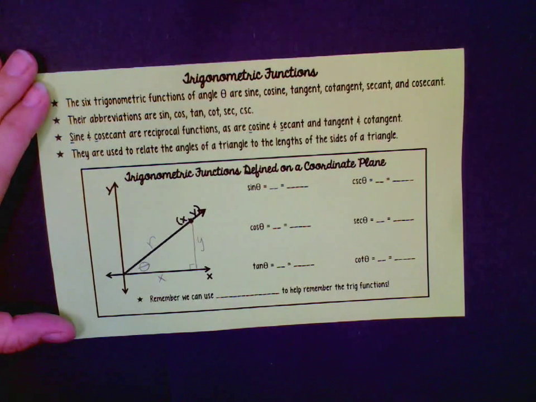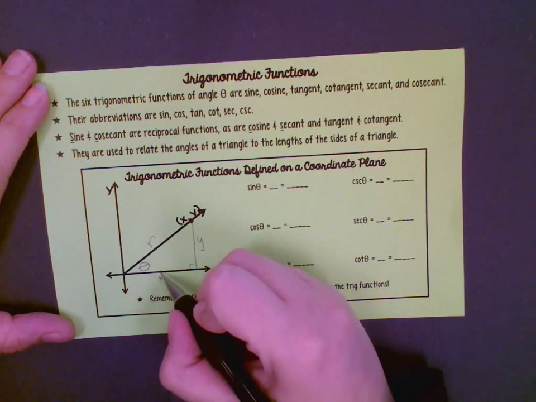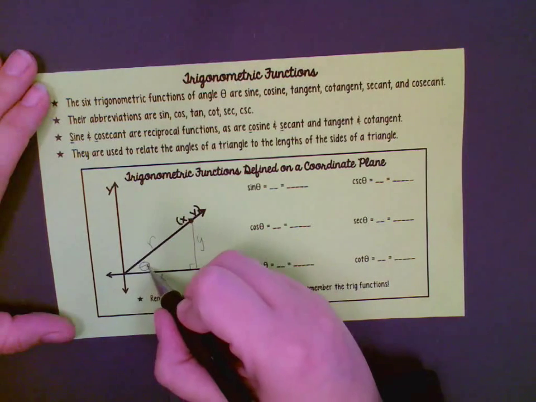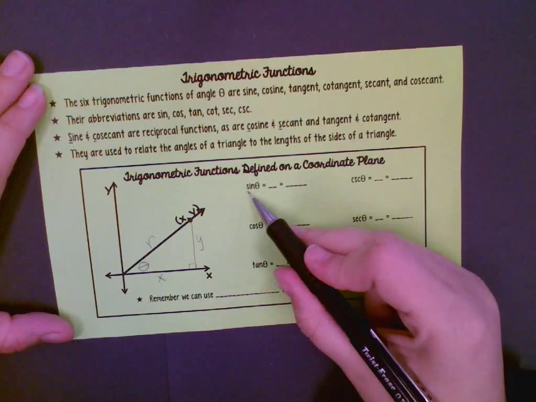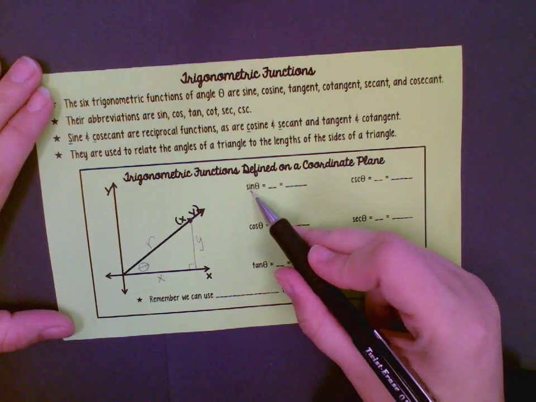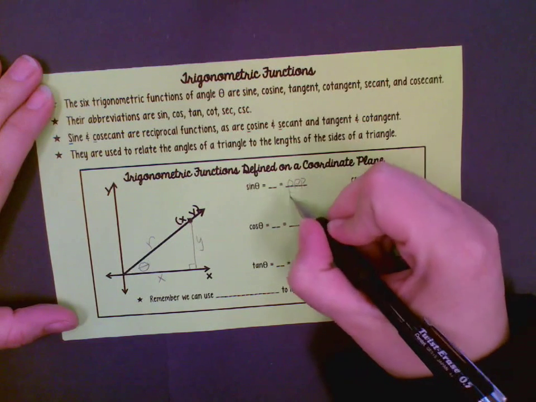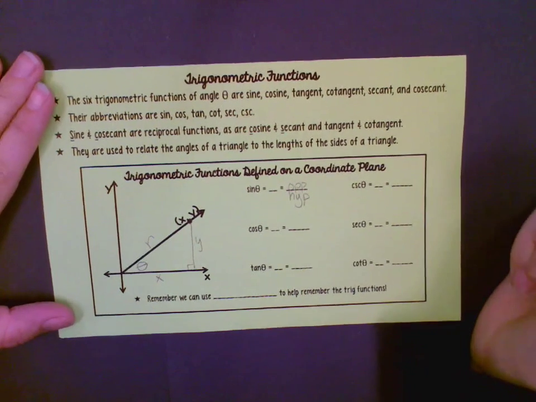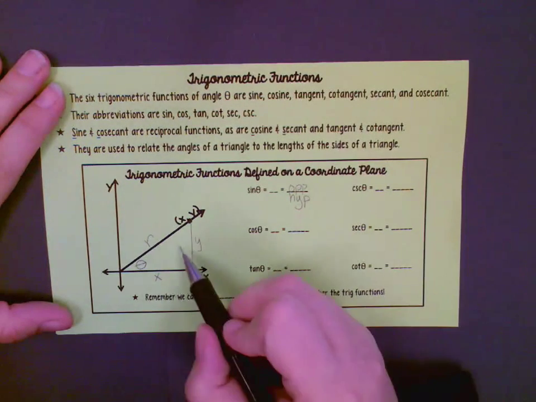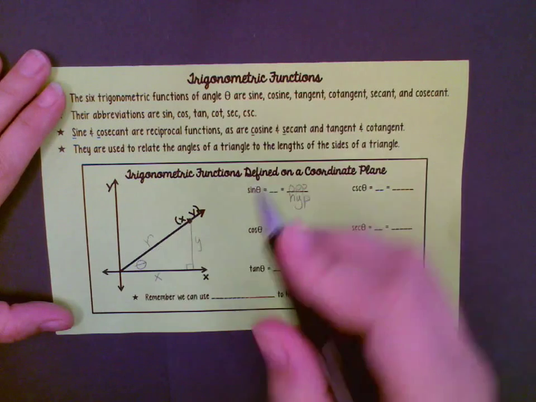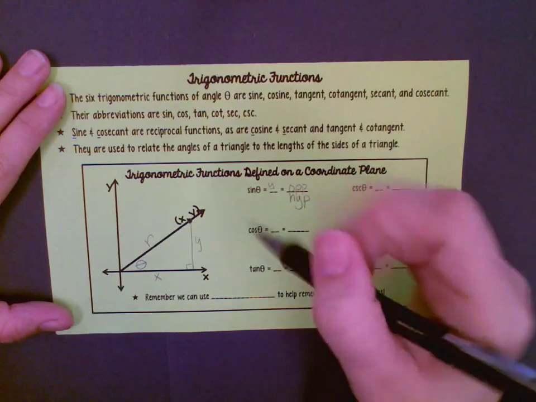Remember we talked about standard position, so it's like the standard position angle. Okay, so our theta will always touch the x-axis and our ray. So if you remember back from geometry, sine was defined as the opposite side over the hypotenuse, and it is still defined the same, but we're going to write it as y over r because it's the opposite over the hypotenuse.